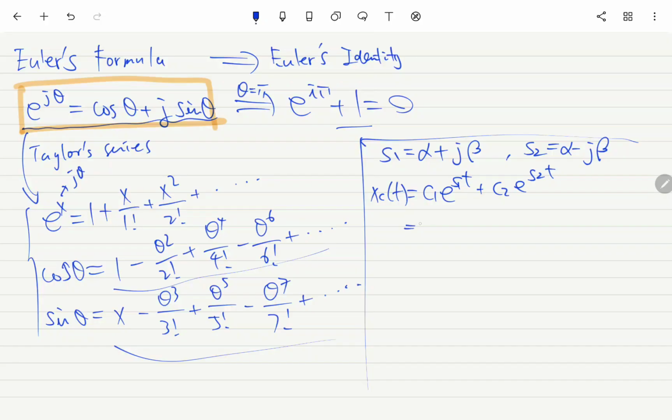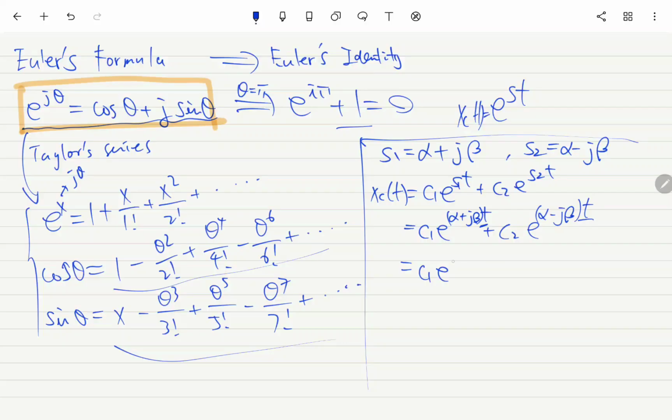Let's see what it is: c1 exponential to alpha plus j beta, plus c2 exponential to alpha minus j beta. For the exponential function, we should have a t here, s times t, exponential to st, for the xc of t, something like that. So we should have this t here.